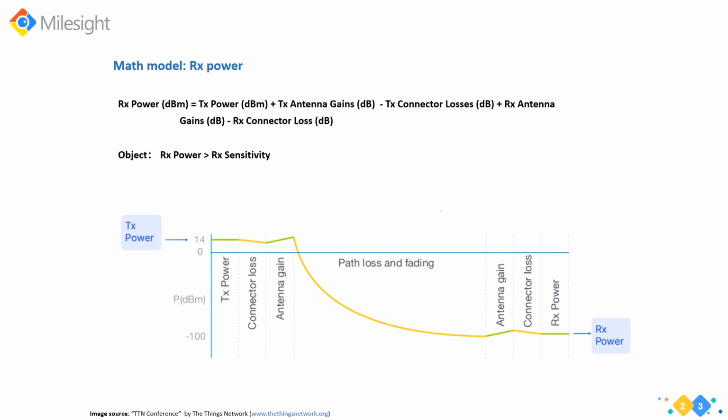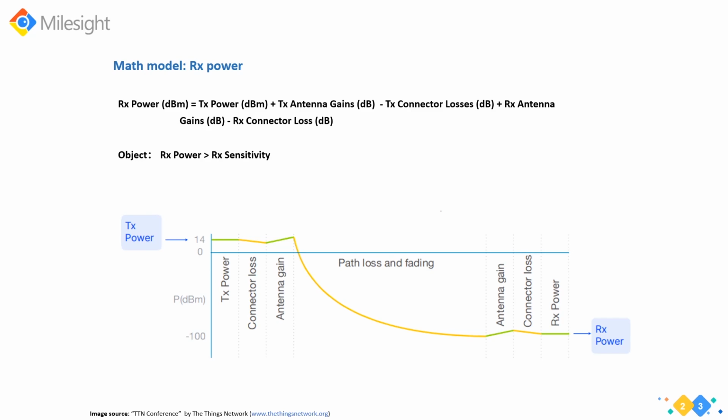And why do we need to figure out the receive power? Because we need to make sure that the receive power is higher than the receiver sensitivity. Otherwise, your message may get lost in space.